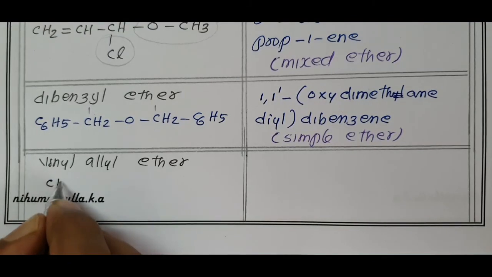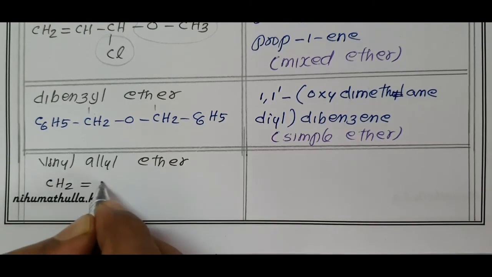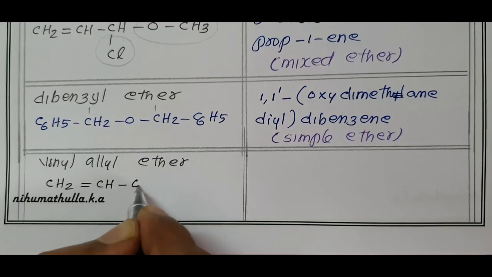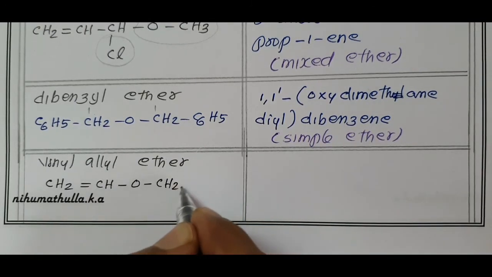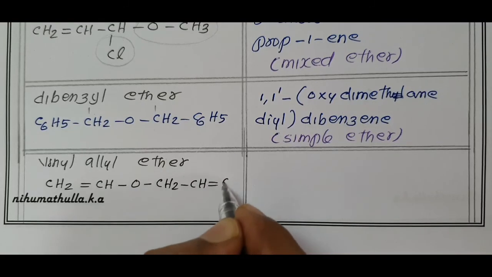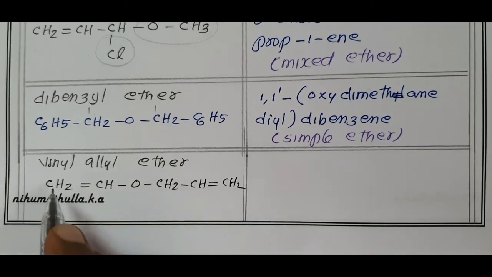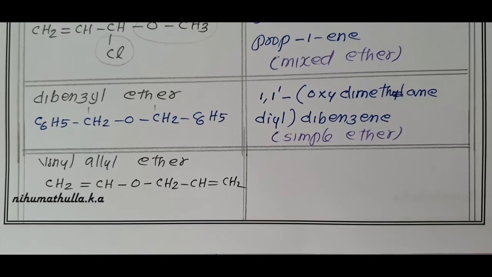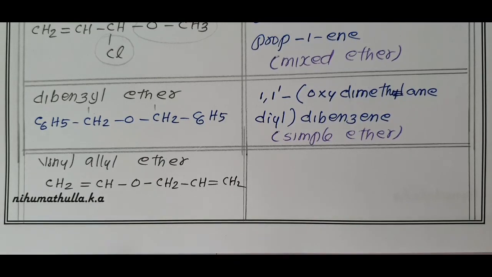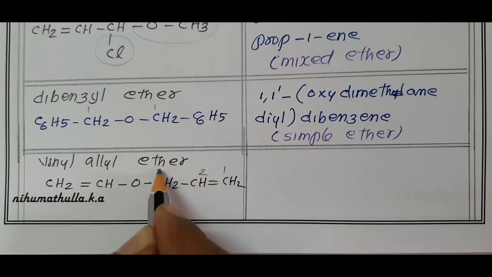What is vinyl? CH2 double bond CH. This is vinyl. Allyl we know, CH2 CH double bond CH2. This is vinyl, that one is allyl. Actually, allyl vinyl ether is the correct common name. The main chain is the allyl group, 3 carbon atoms. When we give numbering, the double bond should get the lowest number, 1, 2, 3.